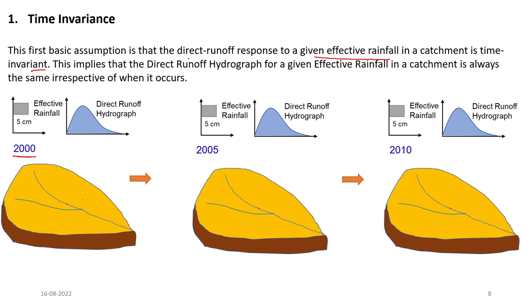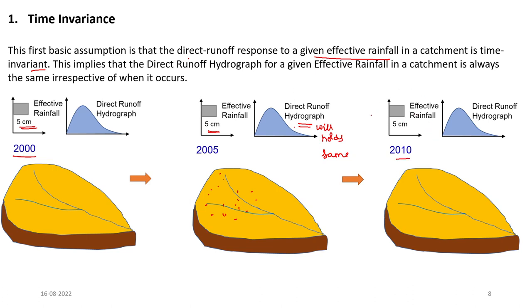This is a watershed, and we have developed this direct runoff hydrograph for this effective rainfall of 5 centimeter. Suppose though between 2000 and 2005 there is major deforestation and urban settlement, but we assume that for the same effective rainfall of 5 centimeter, this direct runoff will hold the same even for 2010 also.